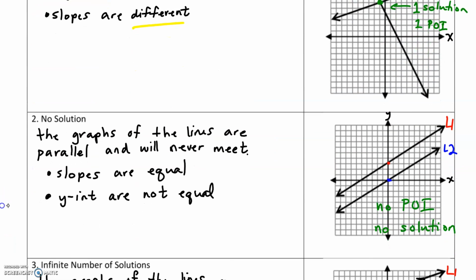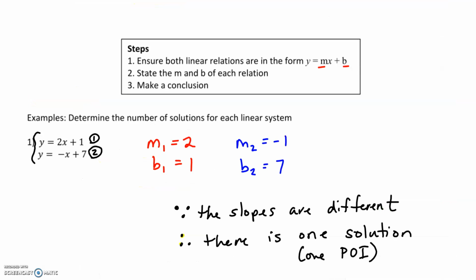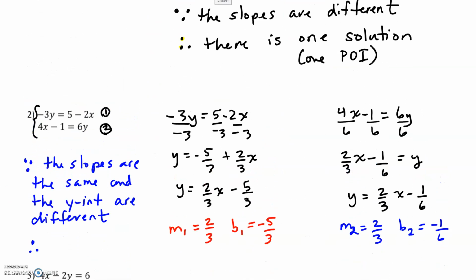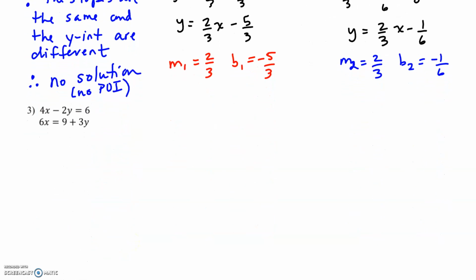So when we have same slopes and different y-intercepts, that means no solution. So that means we have two parallel lines. Okay, so we have parallel lines. Let's go ahead, and we know parallel lines have no solution. So therefore no solution. We could also say no POI. All right, we got the second example done. Let's do our third example.